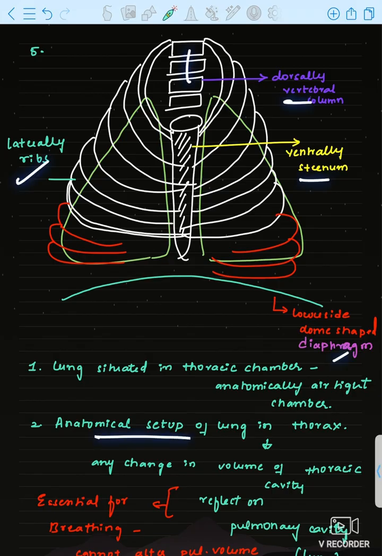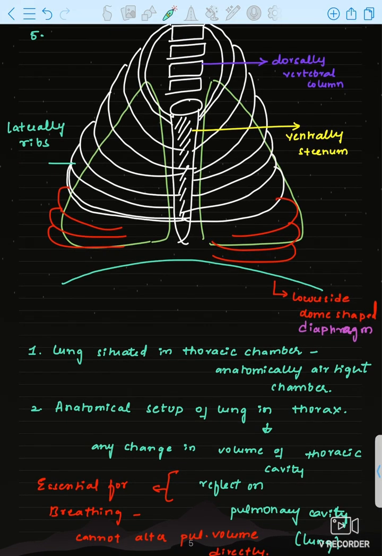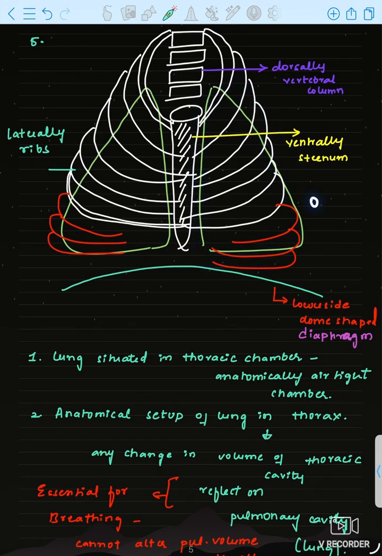The anatomical setup of the lung in thorax is in such a way that the lungs will be in close proximity to the thoracic cavity. I told you before, right? The outer pleural membrane is in close contact with the thoracic cavity, right? So it will be attached to the thoracic cavity only, very much closer.